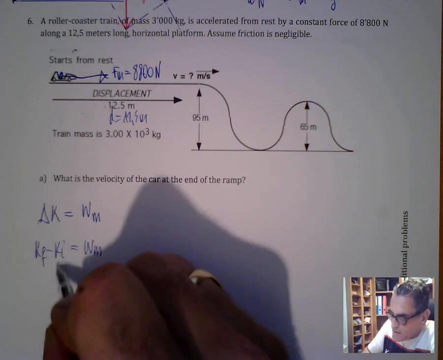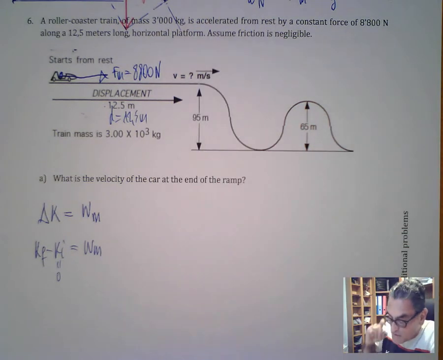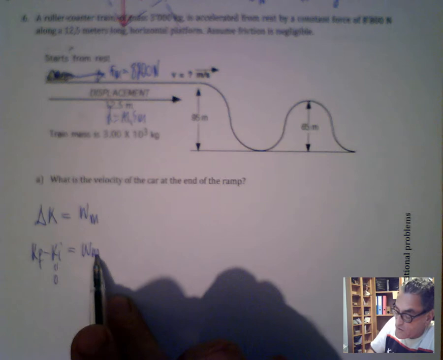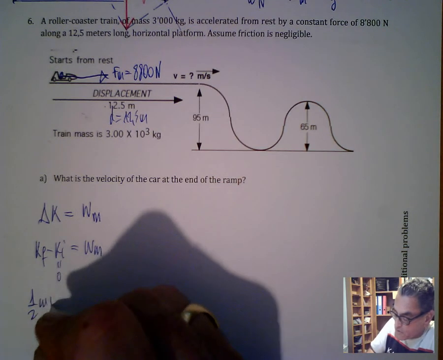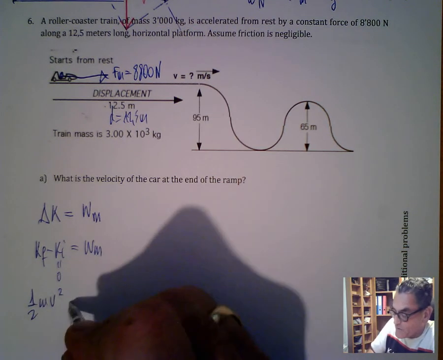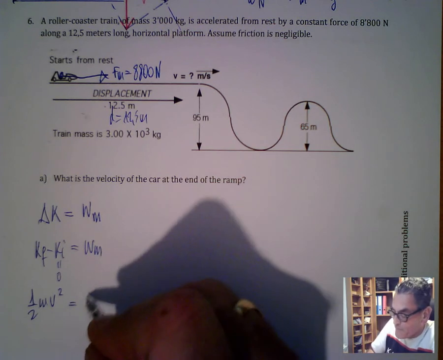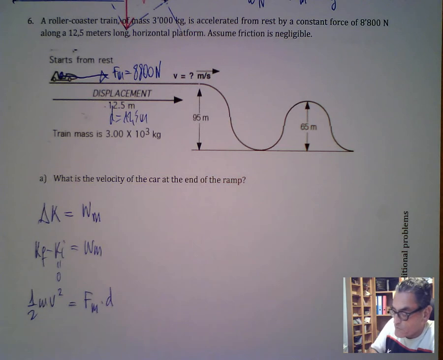And K initial is 0 because it starts from rest. So finally we have that K final is equal to the work of the motor force. K final is 1/2 mv squared, and this is equal to Wm, the work of the motor force, which is the motor force times the distance, right?